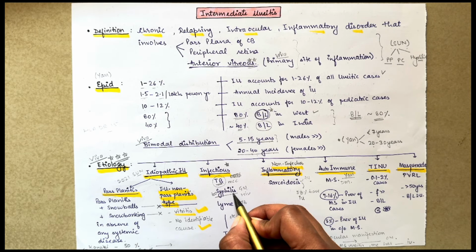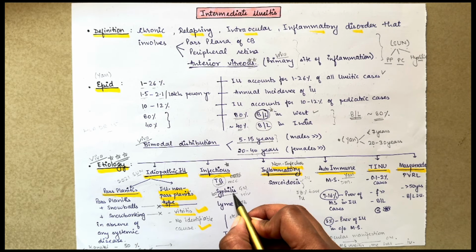Now, if we ask what is the most common ocular manifestation of MS, what will you say? Yes, that is optic neuritis. Remember, if the most common ocular manifestation of MS is asked, then it is optic neuritis. But for a patient with MS uveitis, if it is asked which is the most common presentation, then you say that it is intermediate uveitis.